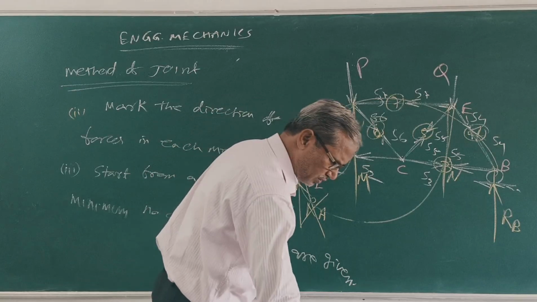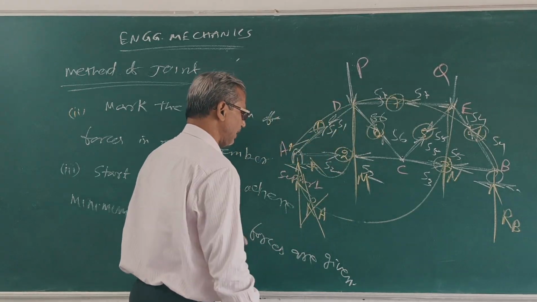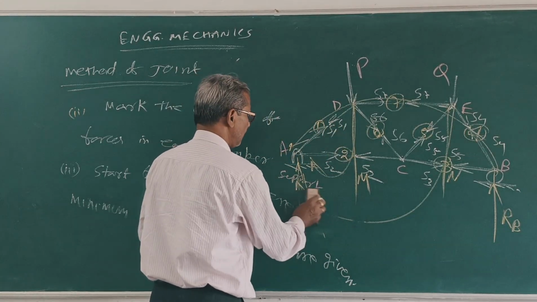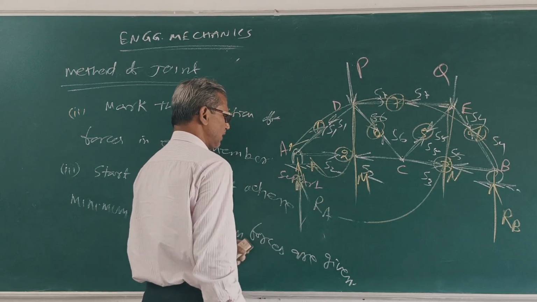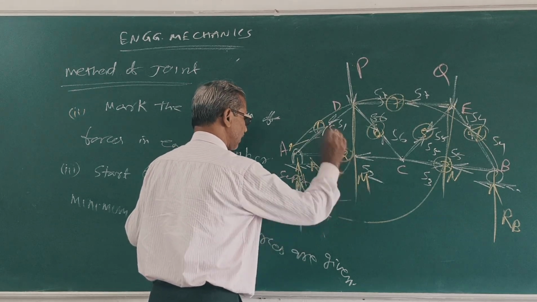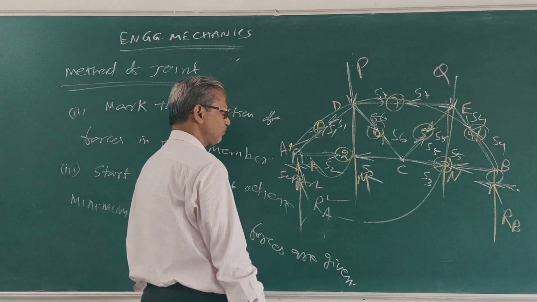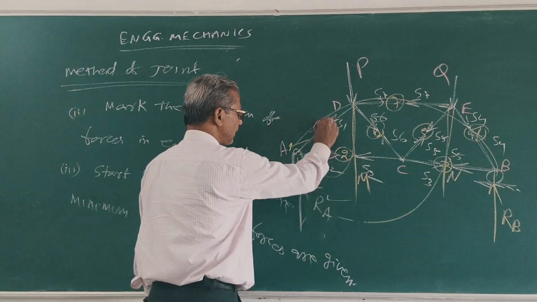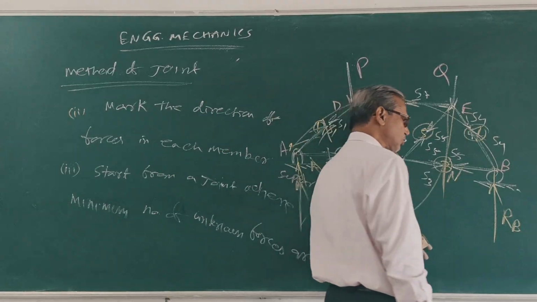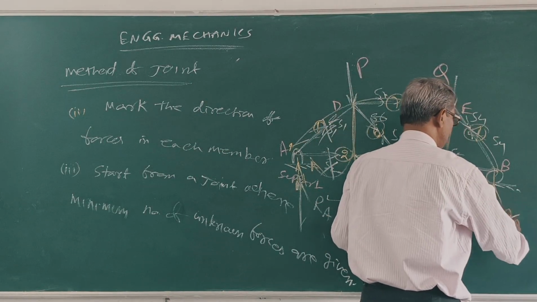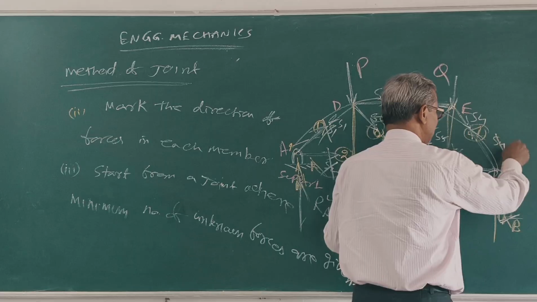Suppose at point A, our RA is already found out. Only two unknowns, S1 and S2. At point B also, RB is found out. Only two unknowns, S5, S4.